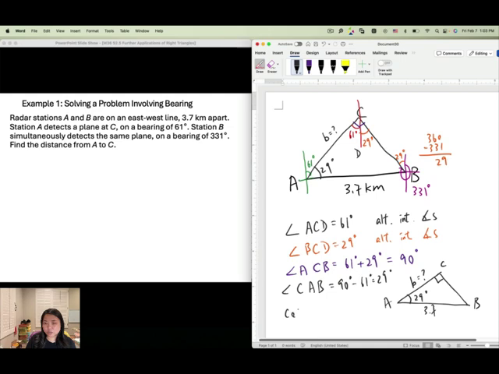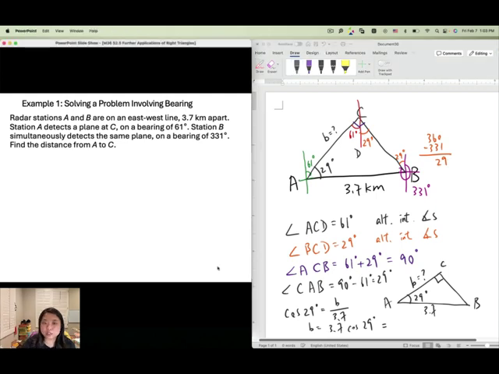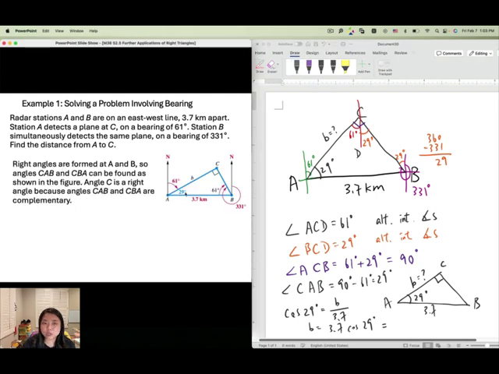We'll be using cosine. Cosine of 29 degrees, talking about this angle, is adjacent over hypotenuse. So b equals 3.7 cosine 29. Use your calculator.